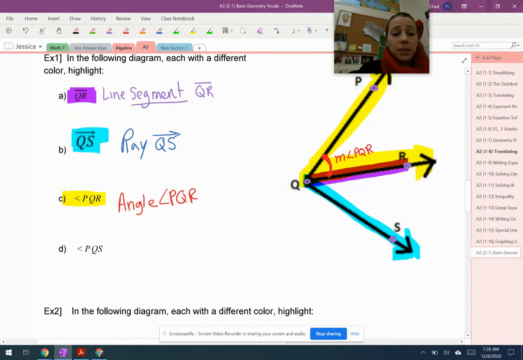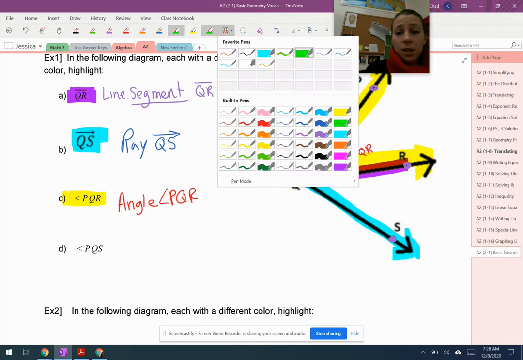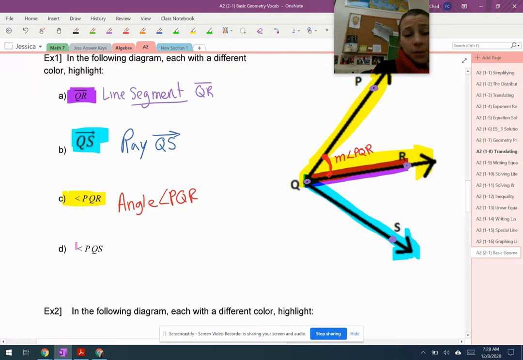And last but not least, D is asking for angle PQS. I guess we'll try pink, see how that works out. Angle PQS. So again, I'm just going to reiterate that that is, again, talking about the angle PQS.